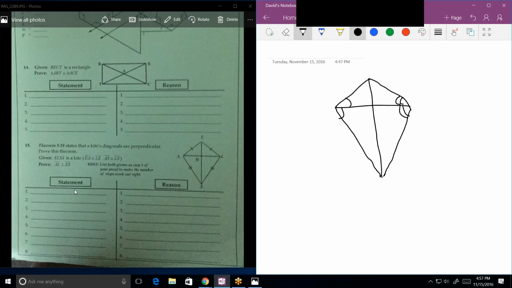I have an idea. My idea, and this angle, well, we don't know that. We know those angles are equal. Hold on a second here. And we know this side is, well, I can't use that side.